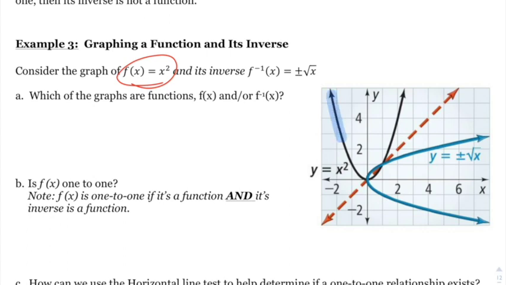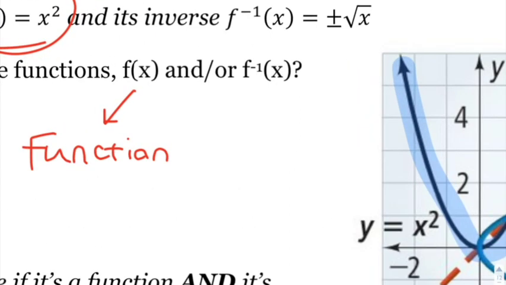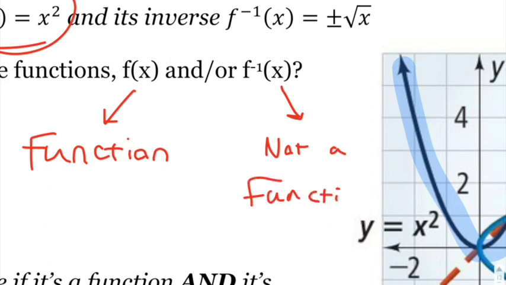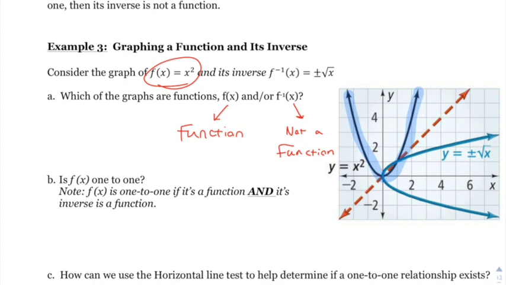So your original function right here, if you do your vertical line test, that is a function. So that one is a function. But if we go and do our vertical line tests on our inverse right there, it's not a function. Not a function. So if that's not a function, then we cannot say that the graphs are one-to-one.